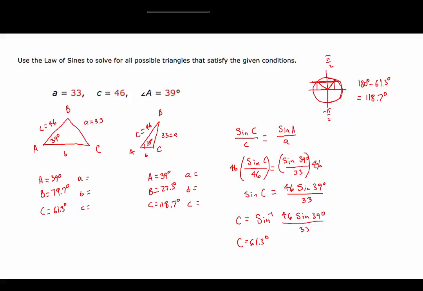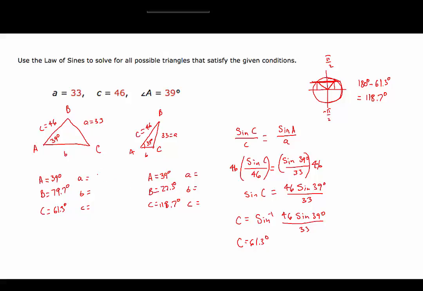So since that sum, 39 degrees and 118.7 degrees, is less than 180 degrees, we do have a second triangle. If that sum were greater than 180 degrees, then there would be nothing left for the third angle, and therefore there would only be one triangle.